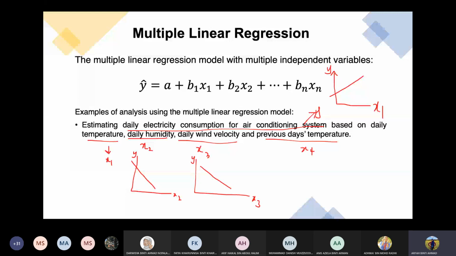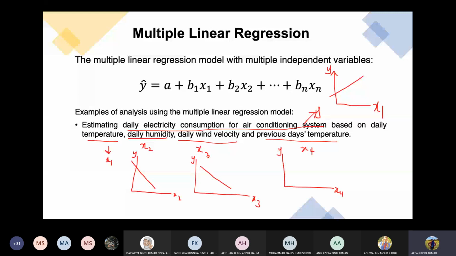Okay. So previous day temperature, semakin tinggi temperature hari sebelumnya, makin tinggi atau makin rendah penggunaan aircon? Kalau temperature previous day makin tinggi, kita makin guna aircon ke makin sikit?